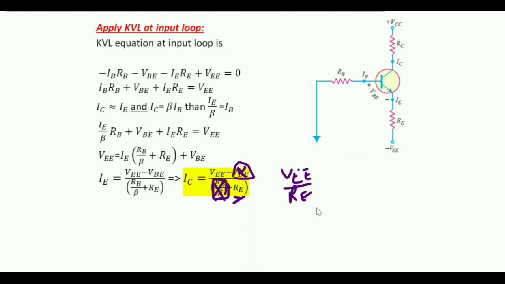IC is equal to VE by RE, that is VE is a constant negative voltage that is supplied, and RE is a resistance value that is constant. So through this way also we can make IC constant and IC independent of temperature. And then the Q point will be stabilized.